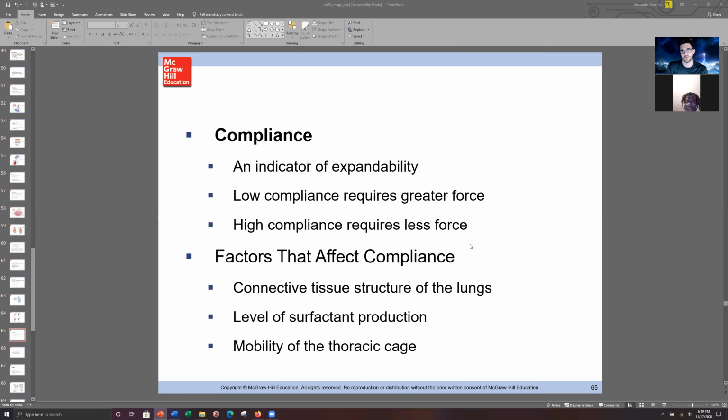It's one of the reasons that as we get older, people sometimes have greater difficulty breathing, because their tissue just hardens and deteriorates over time. So their compliance goes down. They're not able to change the volume of their lungs as easily, and gas exchange, or exchange of gases, is affected by that.